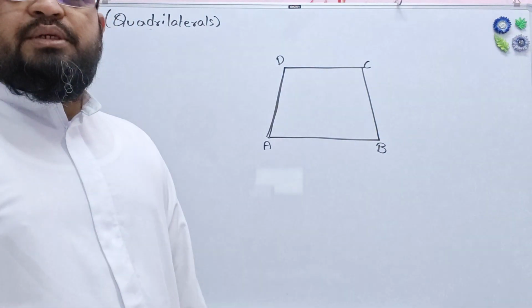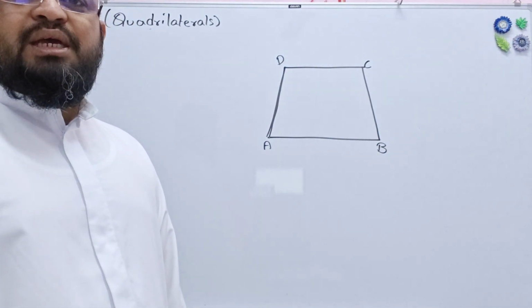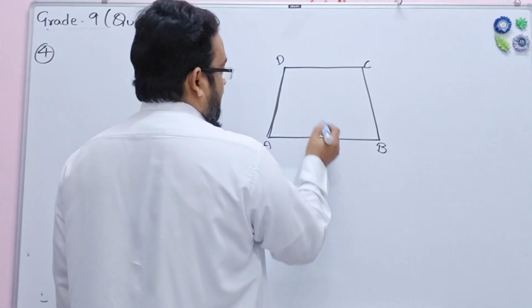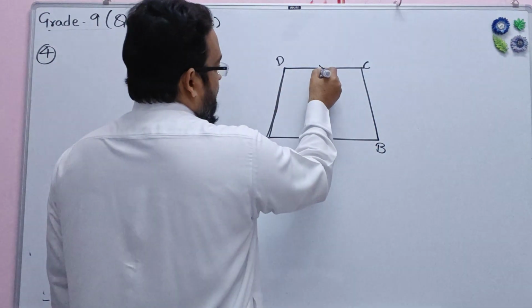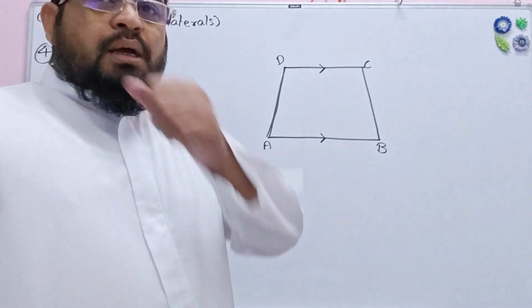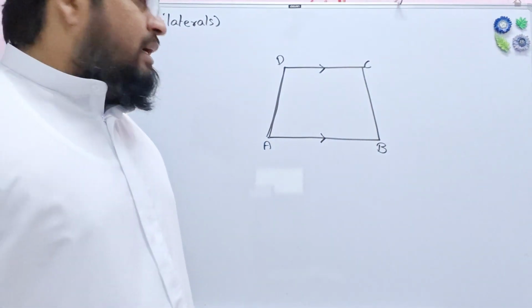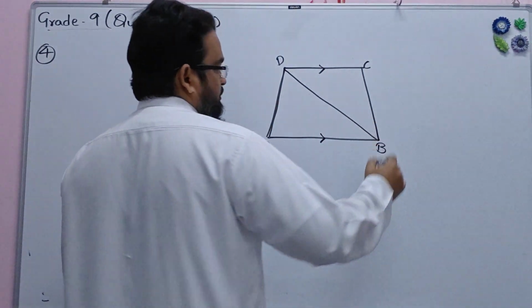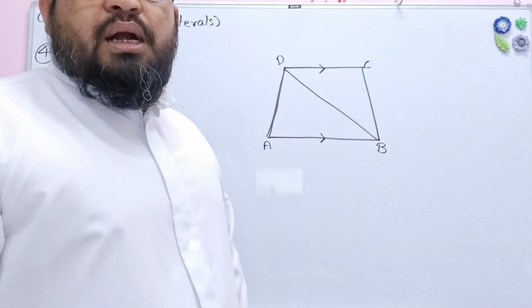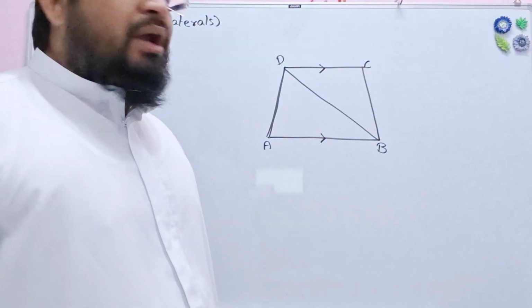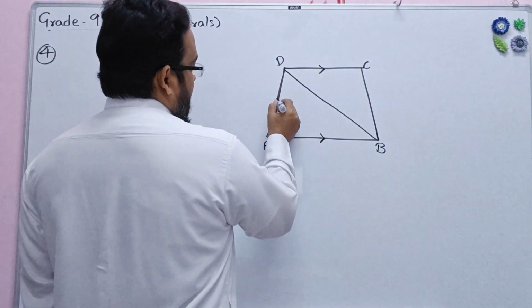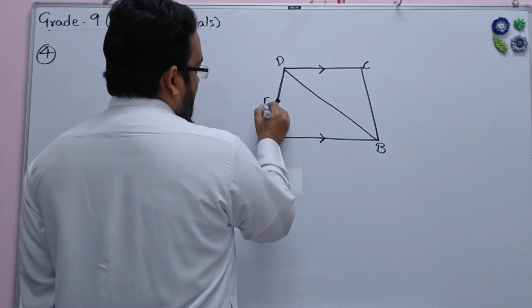ABCD is a trapezium in which AB is parallel to DC. Okay, these two are parallel, and BD is a diagonal. And E is the midpoint of AD. So let us take this as the midpoint.